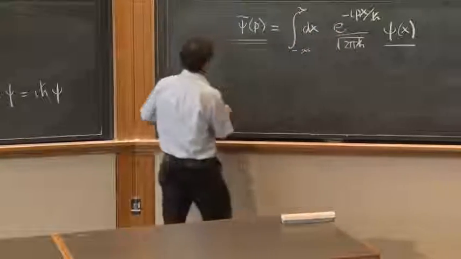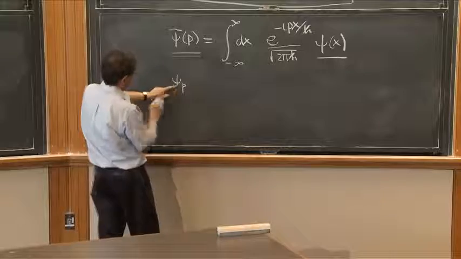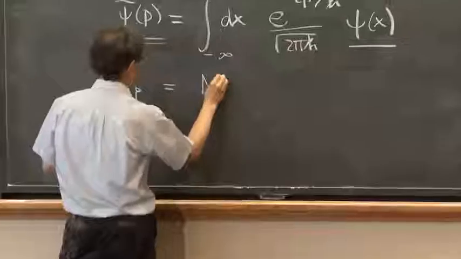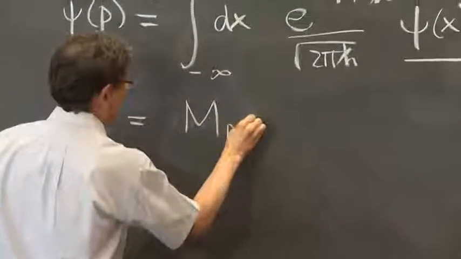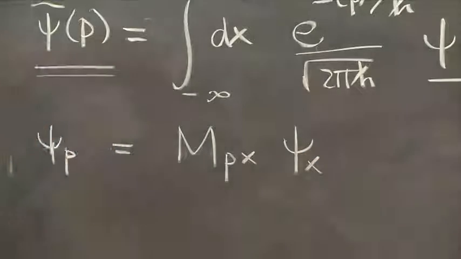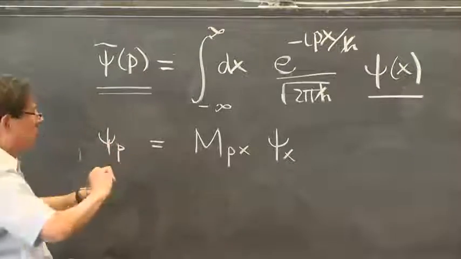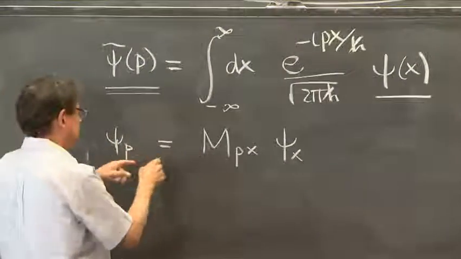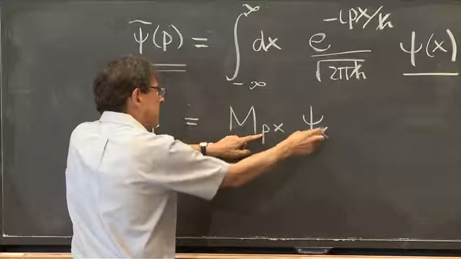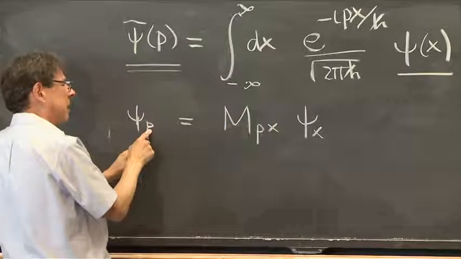Think of this as some sort of psi sub p, and this as some sort of matrix p x times psi x, in which, if you have a product, you remember when you multiply a matrix on a vector, you sum over the second index. That's the product of a matrix. And then the first index is the index here.